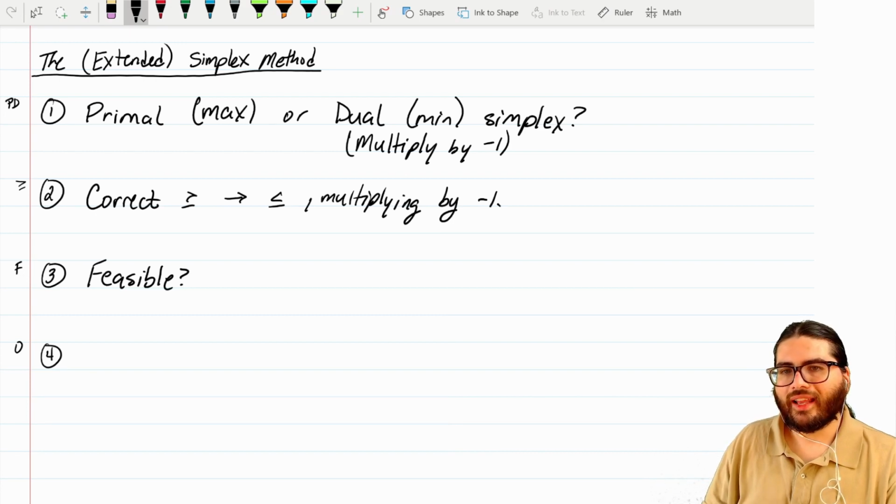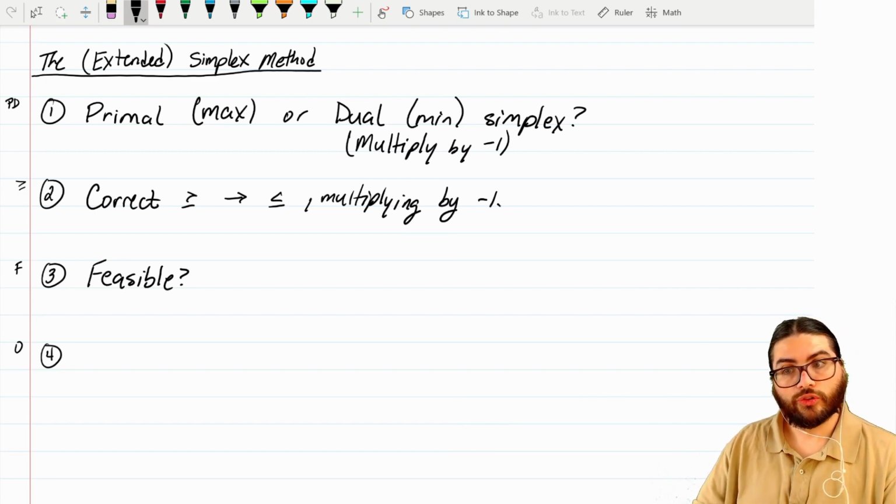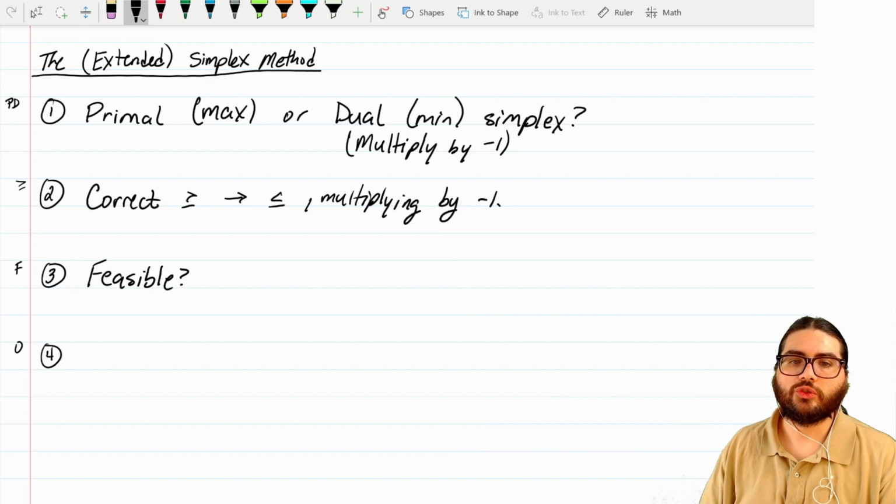And if you had less than or equal tos for all of your inequalities, 0, 0 was always a primal feasible solution. So that wasn't really an issue for the primal simplex method. But it was an issue for the dual simplex method. The dual simplex method began somewhere which was better than optimal, but it was not feasible, and we had to go through the process to find a feasible solution.